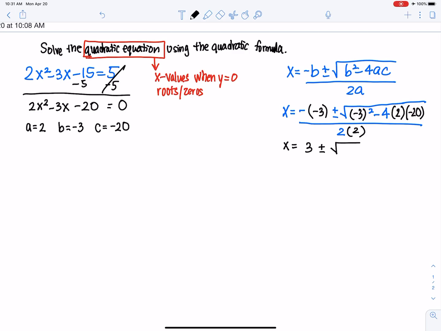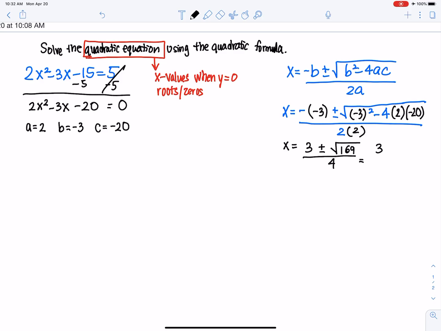I am not going to put square root in the calculator, but I will put all the other stuff, the stuff that's inside here, in the calculator. So literally, we put negative 3 in parentheses squared minus 4 times 2 times negative 20. And when I put all of that in a calculator, I get 169. All over, and then I have 2 times 2, which is 4.